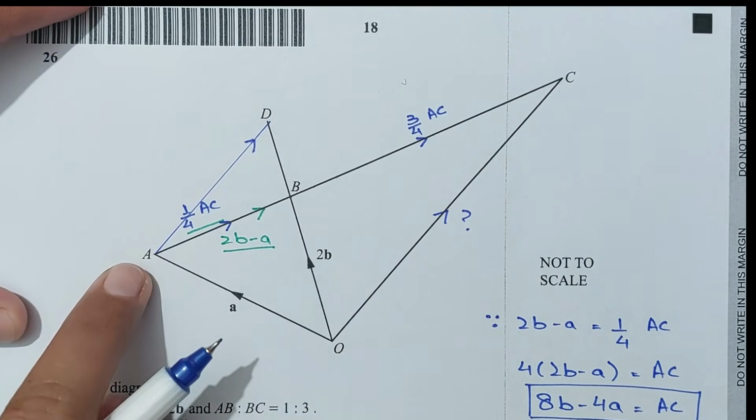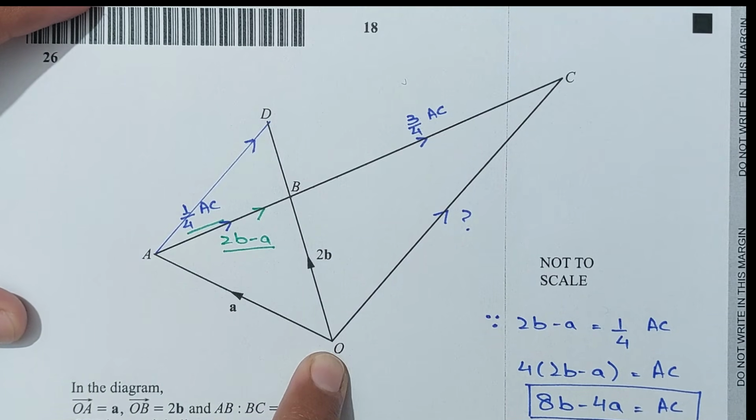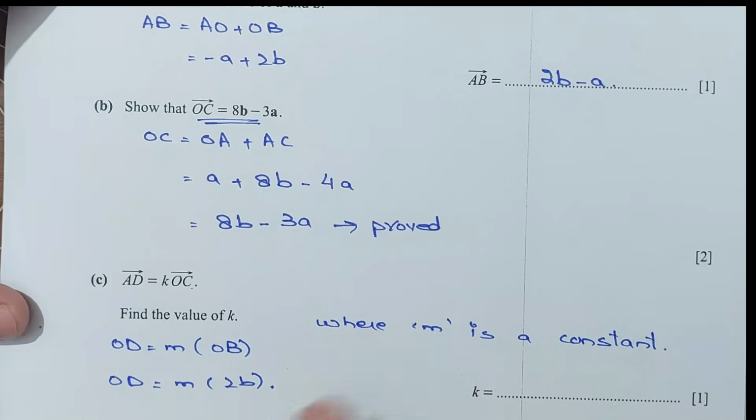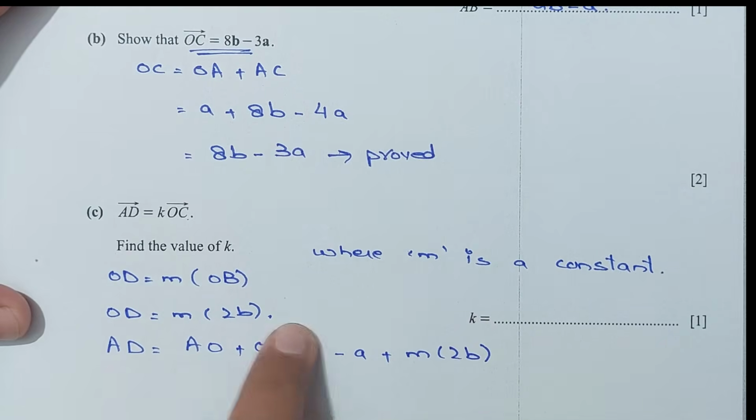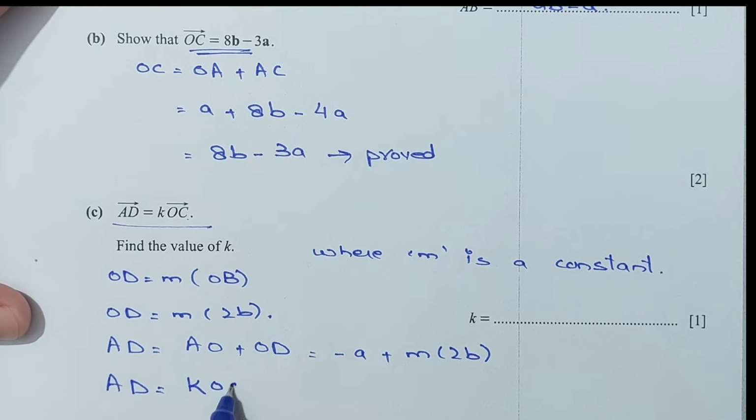A to D follows the path of AO, which is negative a, and OD. So AD is AO plus OD. So AO is minus a plus m into 2b. This is OD, right? And we have also been given that AD is k times OC.